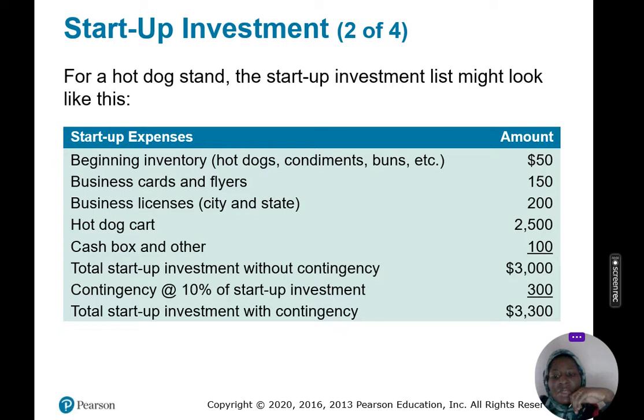These are also very important because you have to create awareness that the business has started or exists. Then there is the business license. This varies from one place to another, city to city, country to country, so it's not fixed. But if you are starting a business, you have to verify if the business needs a license and what the cost of that license is. So this is just an example.